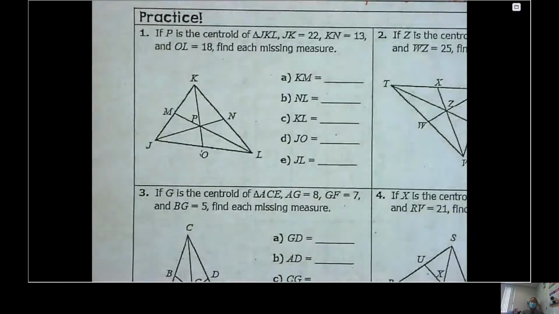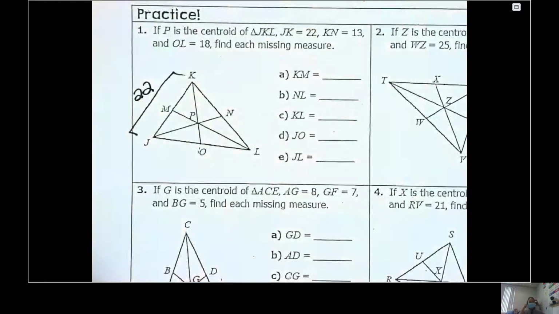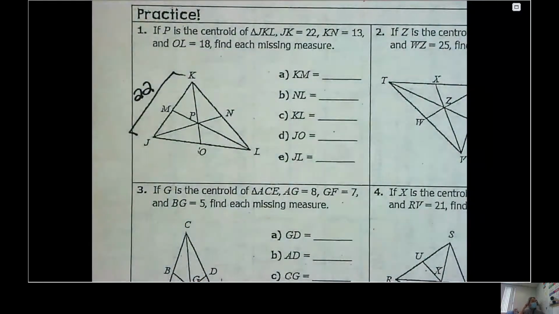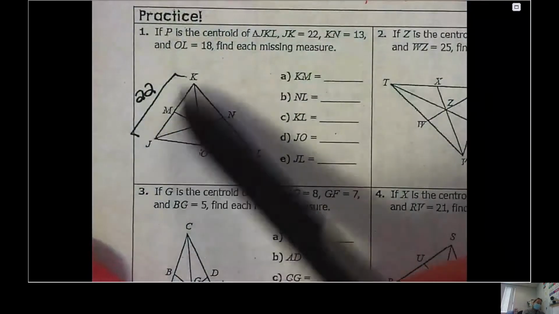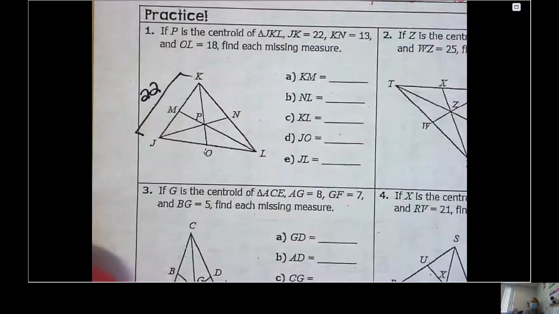First thing it gives me is JK. So find JK on your picture. That's on the left, on the outside. The whole thing is 22. Now, if it's on the outside, what does that mean about these 2 pieces that make it up?